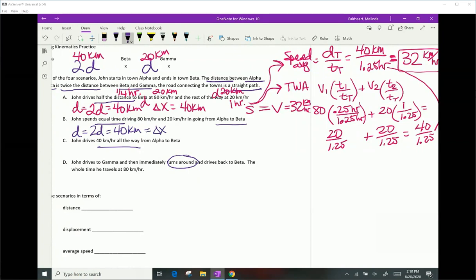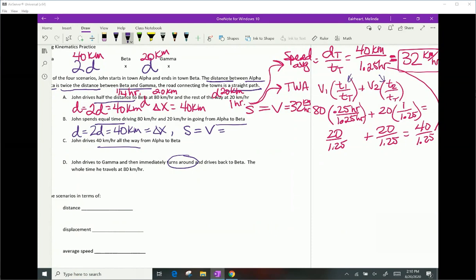But what about the average speed and average velocity? Now they're going to be the same again, but do they equal 32? No, if they're equal time 50-50, then these two ratios that we did would be the same, right?